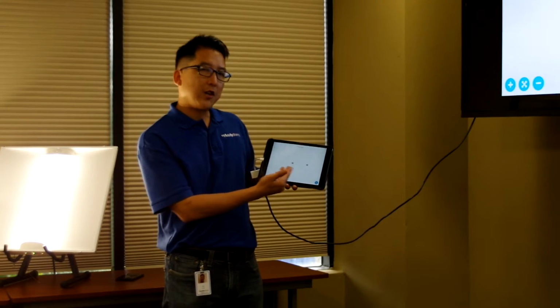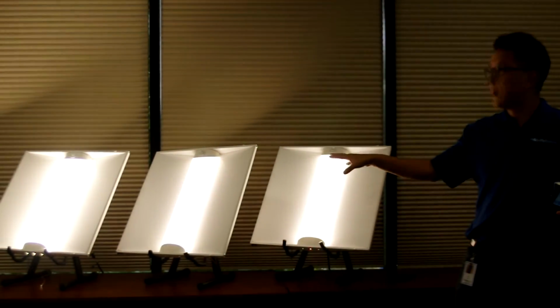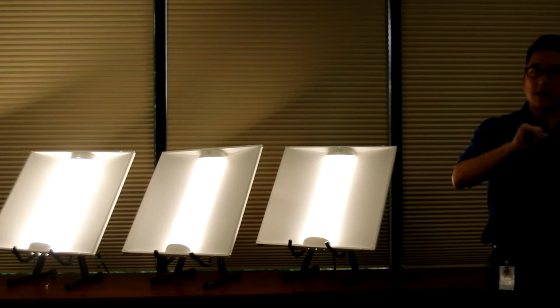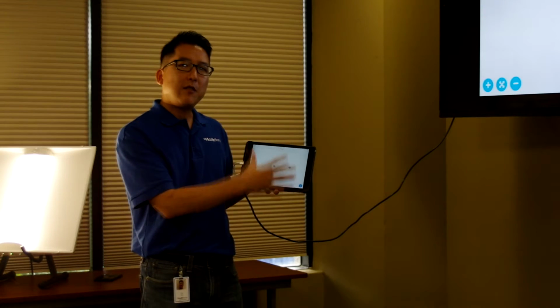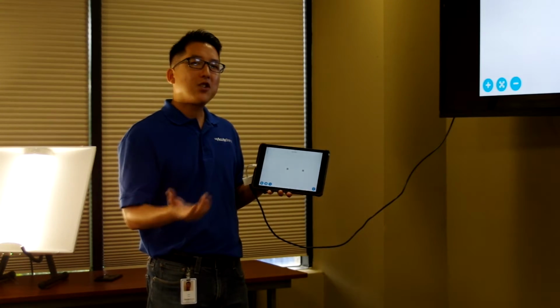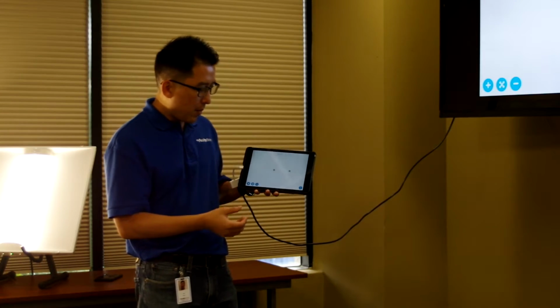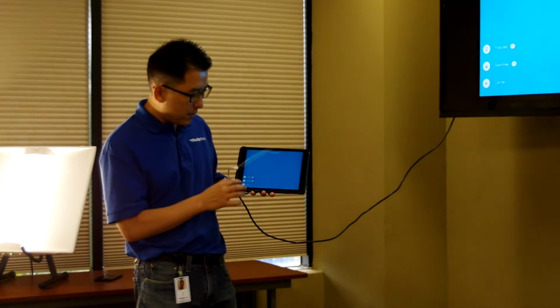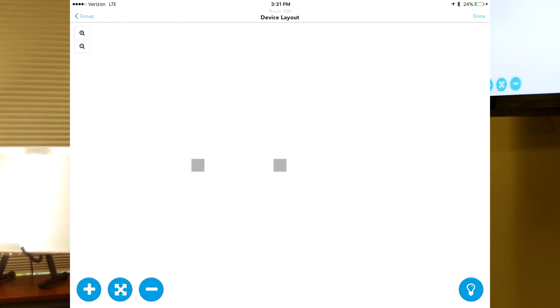Once you've placed your fixtures on your grid, you'll notice that the fixtures that have been identified by the app will be dimmer than the rest of the fixtures outside of that space. Now I'm going to demonstrate how to remove any fixtures on your grid that actually belong to another space. So in this example, I'm going to go ahead and add the very last fixture that wasn't part of the space.